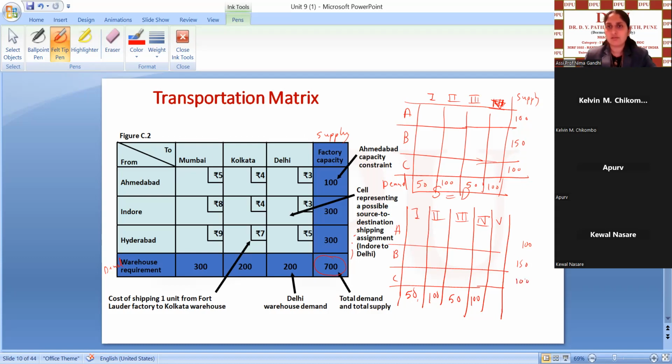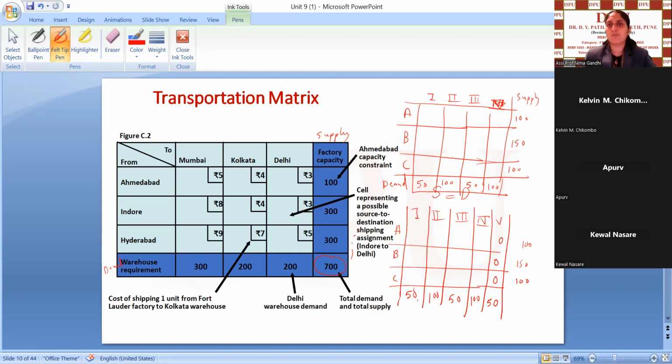So the 50 more we write here. The remaining 50 we write here and the cost we write 0, 0. And we'll write the remaining costs as they are from this example.